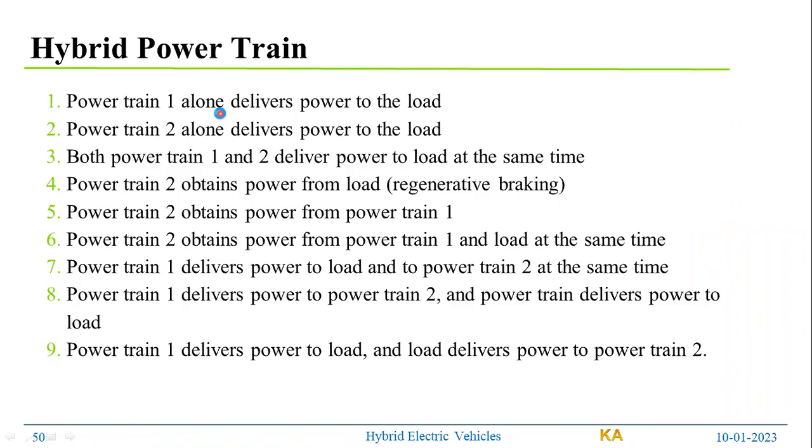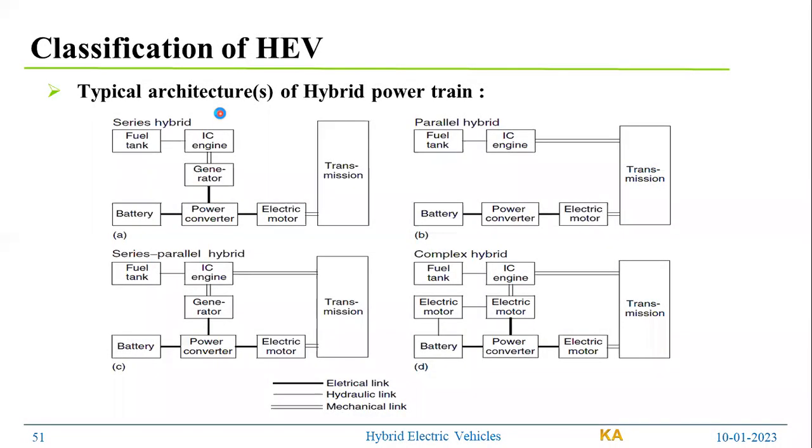But in which architecture it is possible, we will see next time. There are different architectures available in the literature on the hybrid electric vehicle. First one is series hybrid electric vehicle. Second one is parallel hybrid electric vehicle.